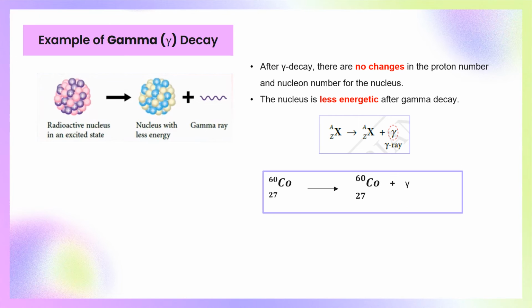Let's look at the example equation for gamma decay. Co-60-27 undergoes the decay process to produce Co-60-27 and gamma rays. As we look here, the proton number and nucleon number of the daughter nucleus do not change, but the nucleus will lose energy.